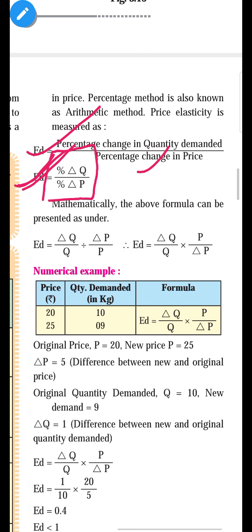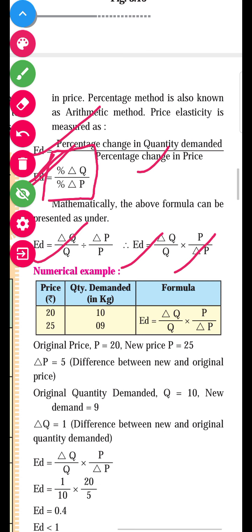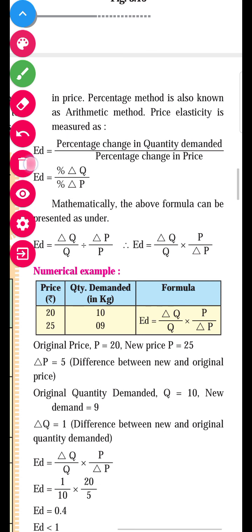For more simplification we can apply this mathematical expression: ED is equal to delta Q upon Q divided by delta P upon P, and further ED is equal to delta Q upon Q into P upon delta P. When you solve these three equations, finally you will get this sum.